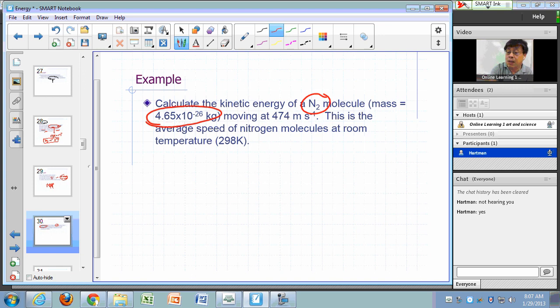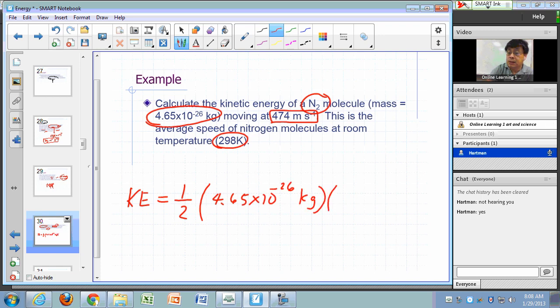Now, at room temperature, around 298 Kelvin, that's 25 degrees Celsius, the average speed of nitrogen molecules is 474 meters per second. So what would be the kinetic energy of an average nitrogen molecule? It's going to be 1/2 times the mass, 4.65 times 10 to the negative 26 kilograms, times the speed, 474 meters per second, squared.